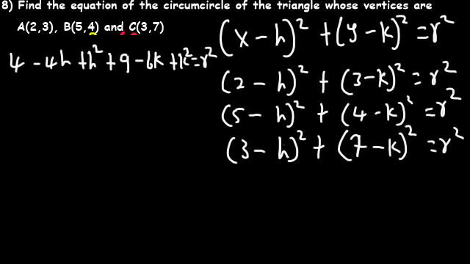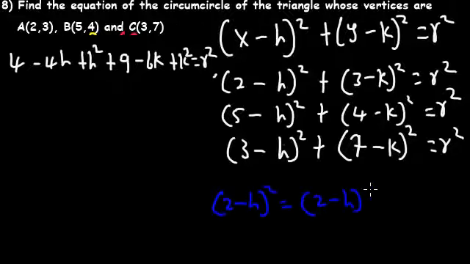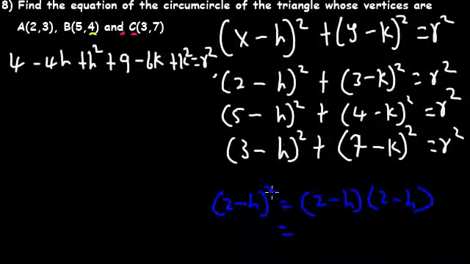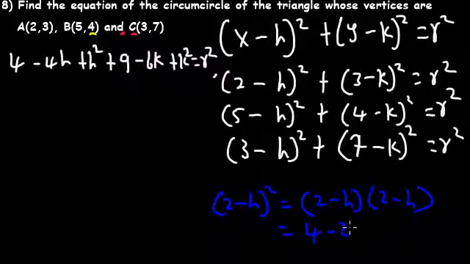Some of you might be confused, so it's better I show the expansion. How did I get 4 minus 4h plus h squared? I did (2 minus h) all squared equals (2 minus h)(2 minus h). So 2 times 2 is 4. 2 times minus h is minus 2h.